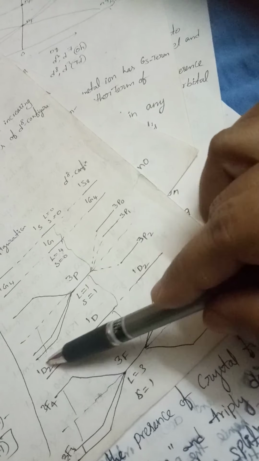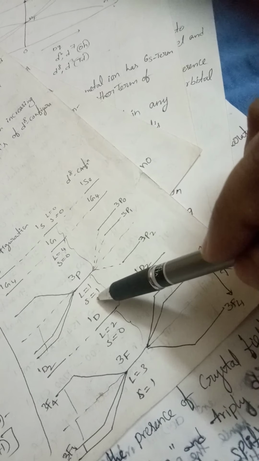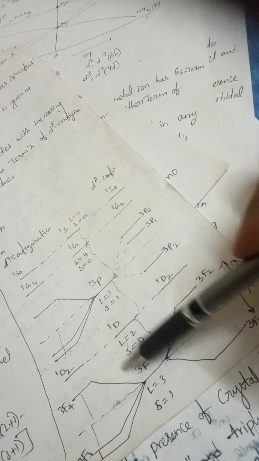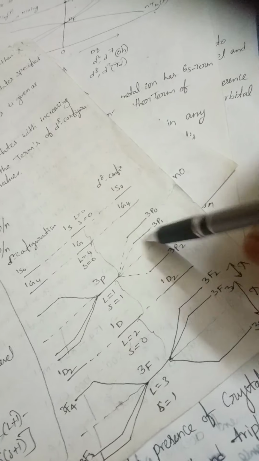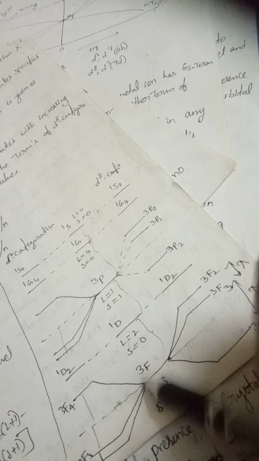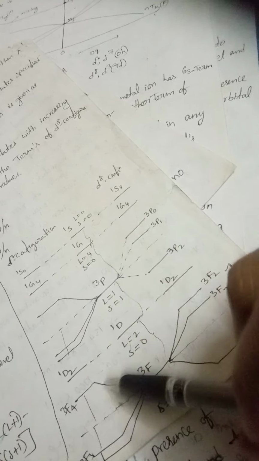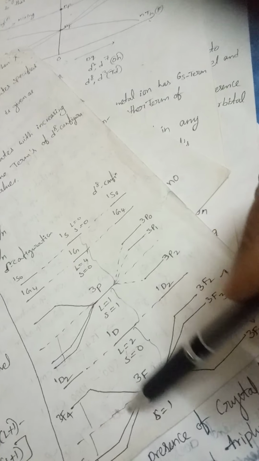So this is the term, again L is equal to 1, S is equal to 1. These values are obtained from the last class, where I told you the arrangement of electrons in the different shells, and you get all these terms for the d2 configuration. Okay, good night.